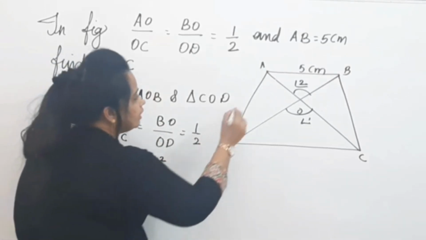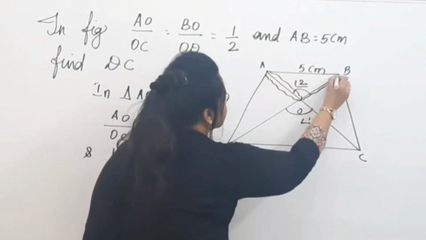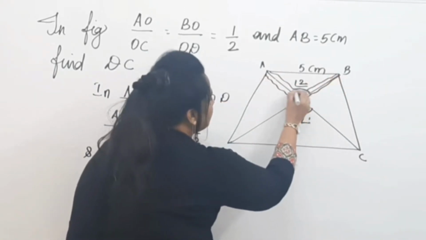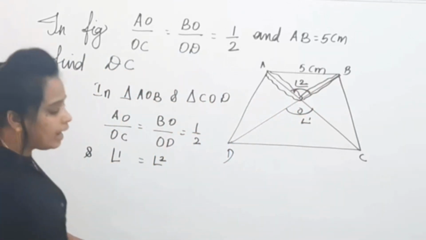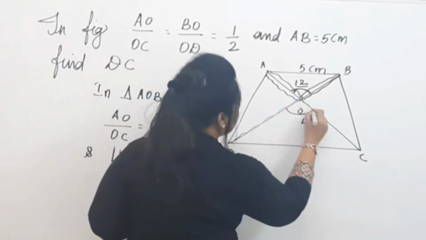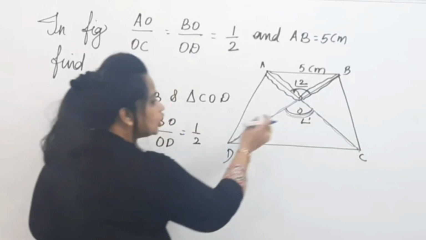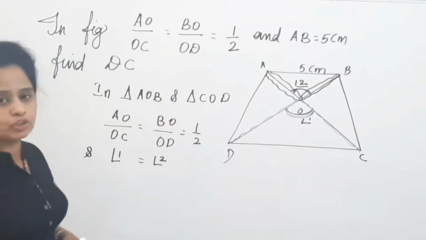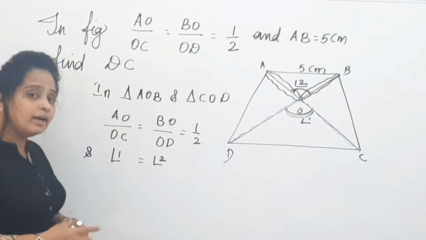You can see here now, this is the side and this is another side, and the angle in between them, the included angle, and in another triangle, I have this side and then this side and this angle included in between those two sides. So those two angles, I got it, they are equal.